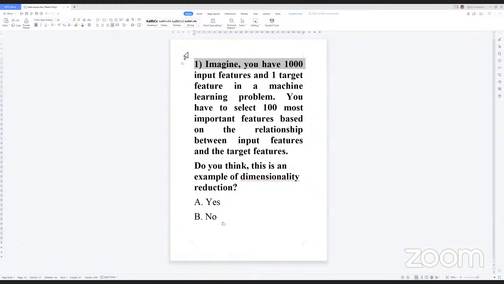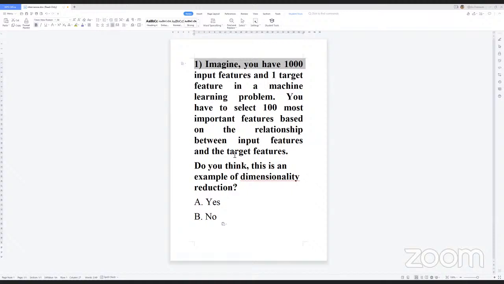So the first question would be, imagine you have 1,000 input features and one target feature in a machine learning problem. You have to select 100 most important features based on the relationship between input features and the target feature. Do you think this is an example of dimensionality reduction?